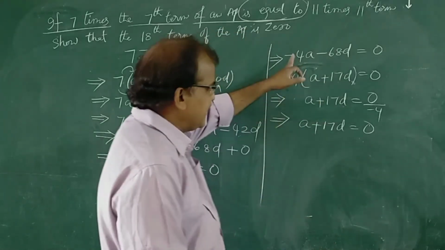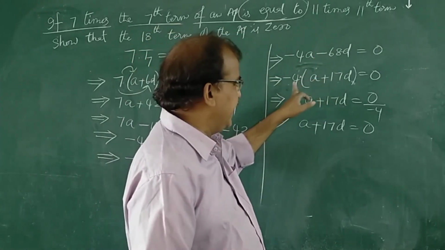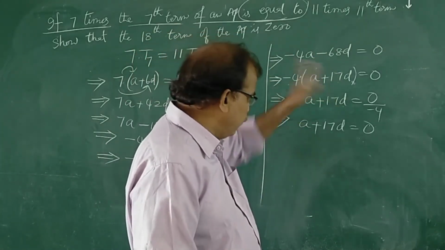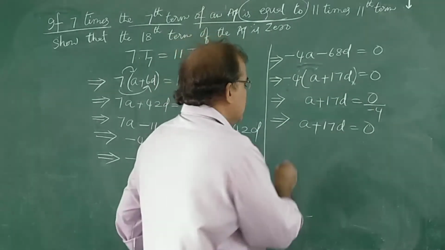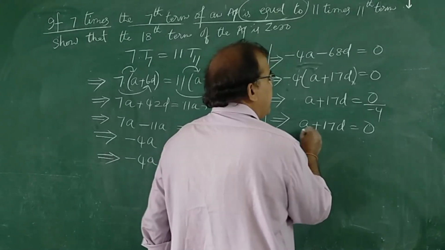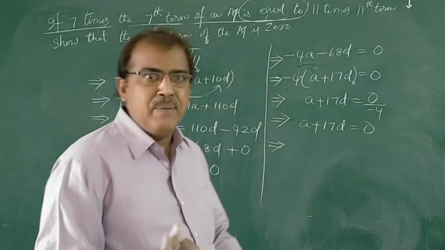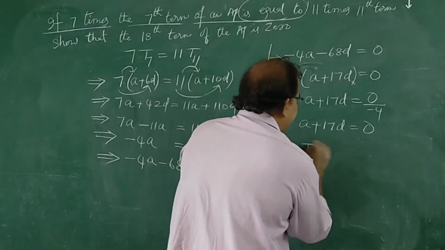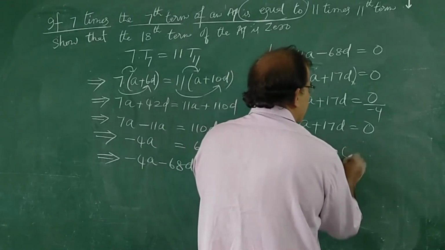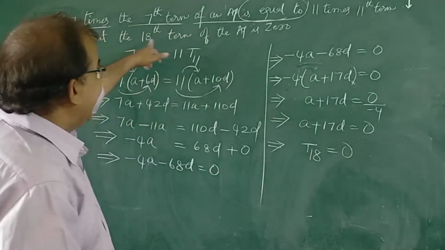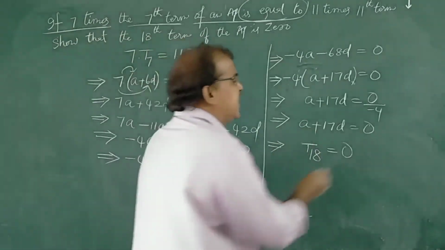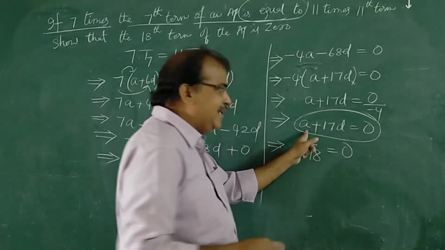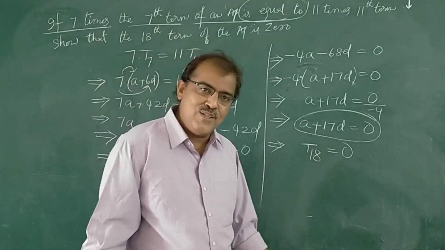Carefully listen to these steps. That implies A plus 17D is nothing but T18, so T18 is equal to 0. They are asking for the 18th term of this AP, and the 18th term is 0.